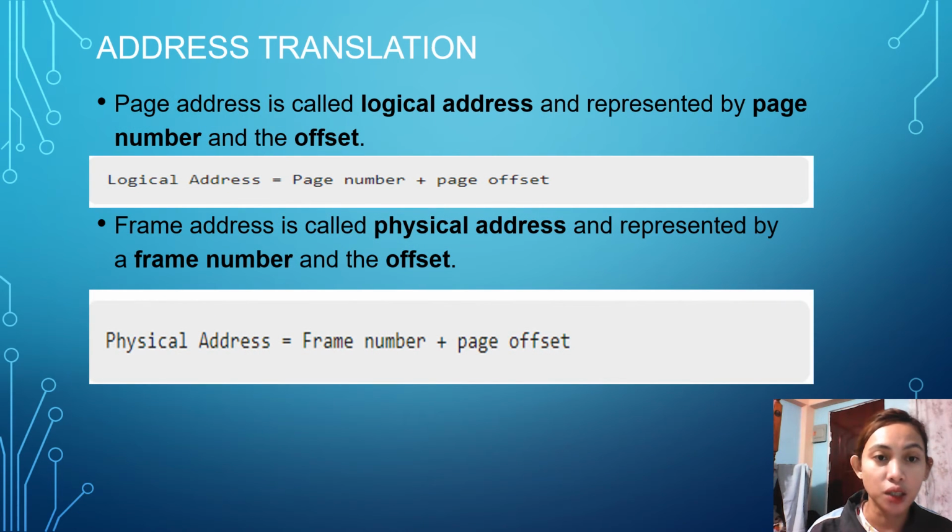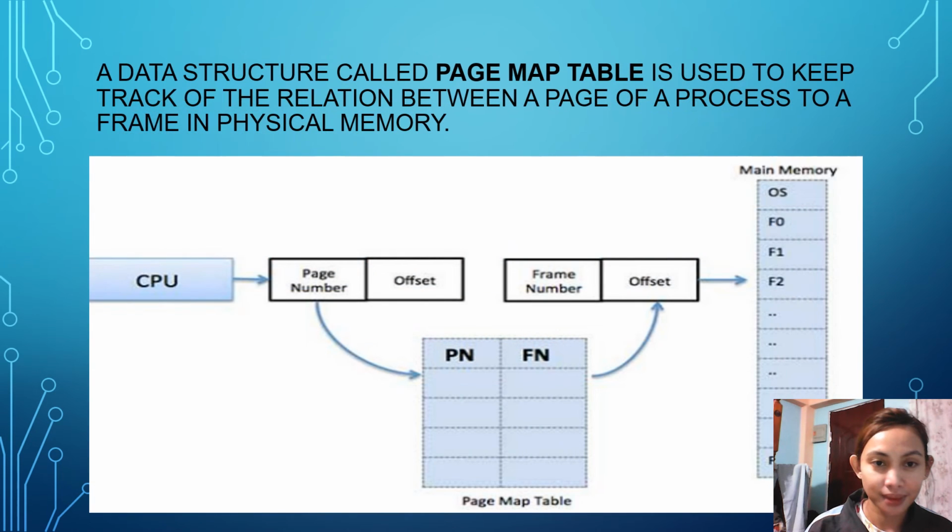Address translation. A page address is called a logical address and is represented by a page number and an offset. A frame address is called a physical address and is represented by a frame number and an offset. A data structure called the page map table is used to keep track of the relation between a page of a process and a frame in physical memory.